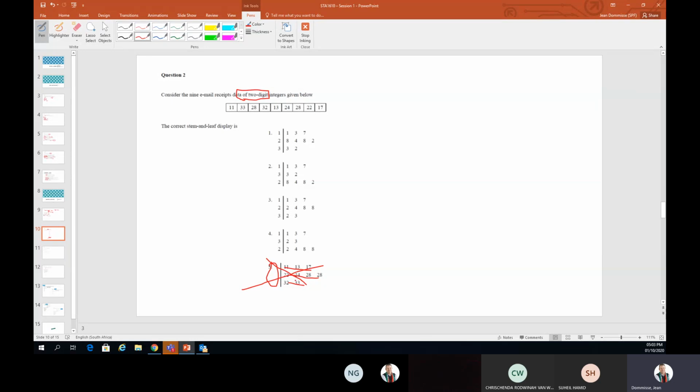So option 5 can't be. The other thing is your stem and leaf is always ordered. So it's always from the smallest to the biggest, from the minimum to the maximum. So we first needed to actually order that from small to big.